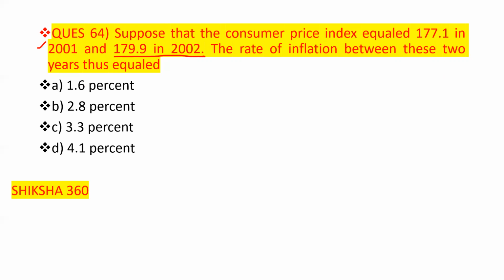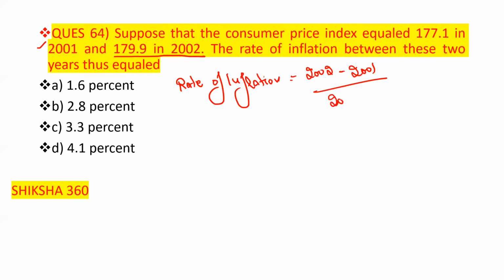So the rate of inflation between these 2 years is equal to what? We have to find the rate of inflation, which is equal to the index of year 2002 minus that of 2001, upon 2001, into 100.